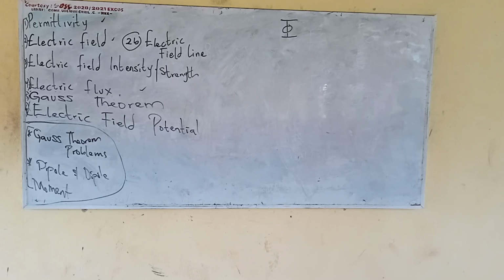Is it confusing? So we define electric field flux as the collection of electric field intensity. We say it is the collection, or the sum total, of electric field strengths in a given area of electric field.